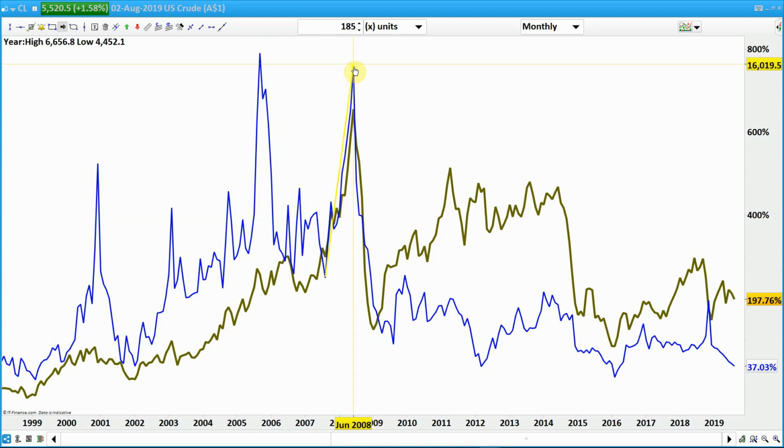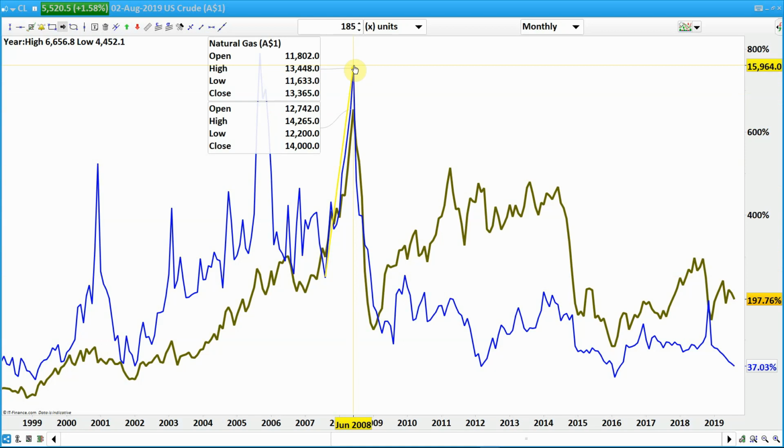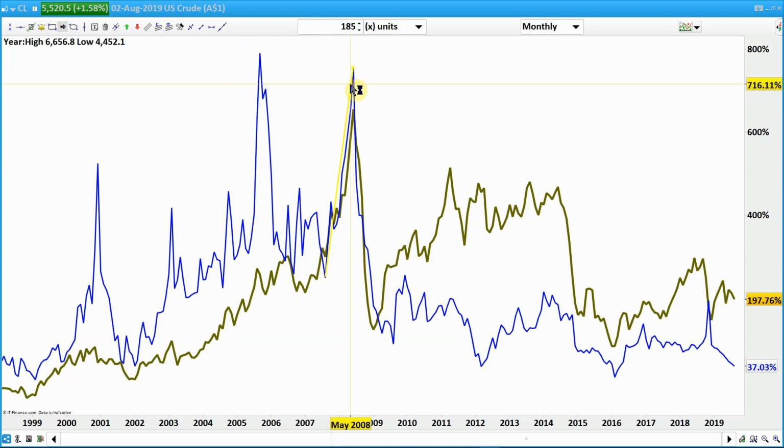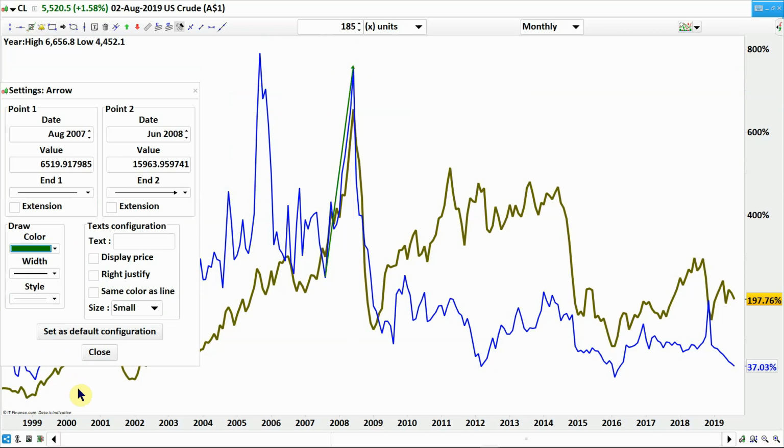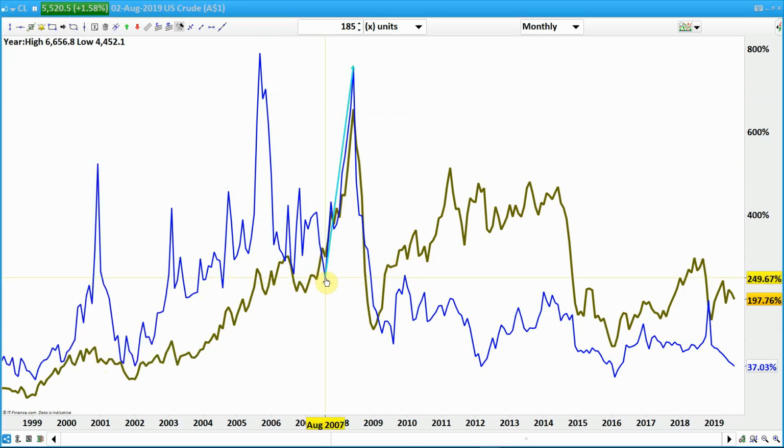Correct, Sri? Yeah, that's correct. So I'll make this color green. When the crude oil is going up, natural gas is also going up, and when crude oil, the brown one, comes down, the blue one, natural gas, also comes down. So that is the correlation.